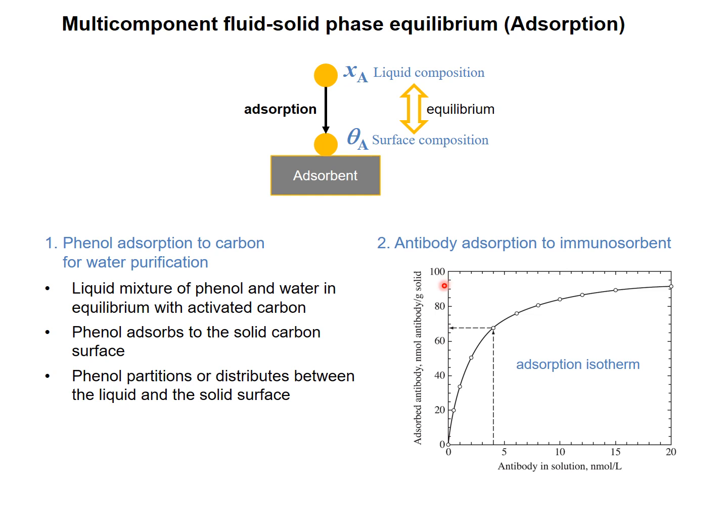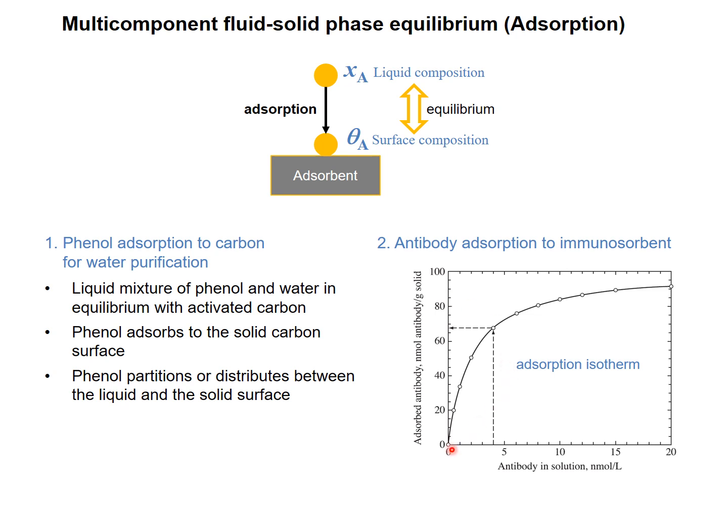This is the isotherm graph for describing adsorption. The x-axis is the antibody in solution, I mean the concentration of antibody in solution, like XA. And the y-axis is the amount of adsorbed antibody.